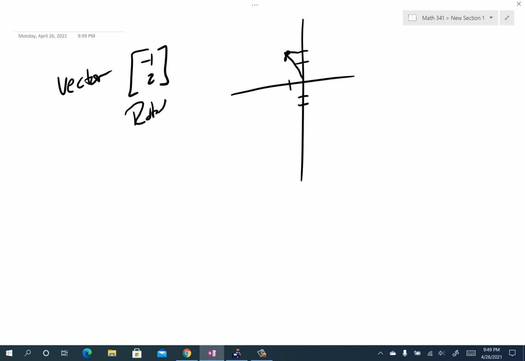So let's start with the vector, this guy here. Let's rotate 60 degrees clockwise. Pay attention to that. That means negative 60.